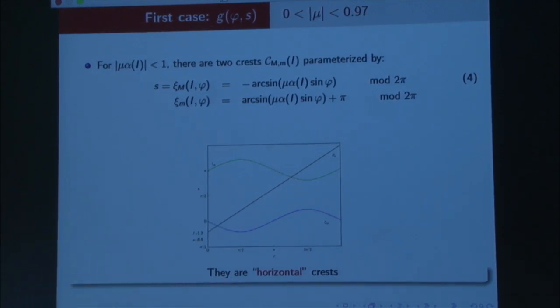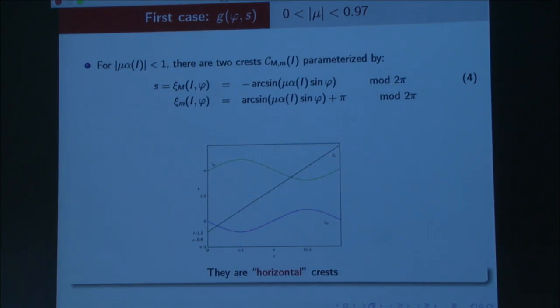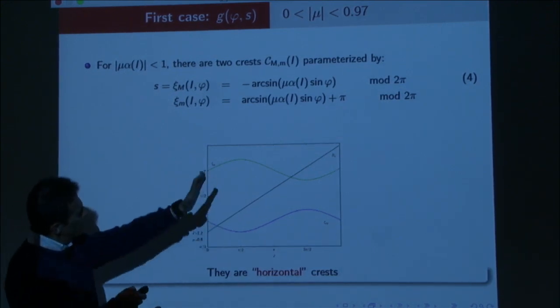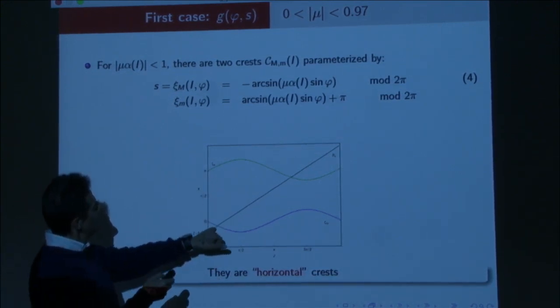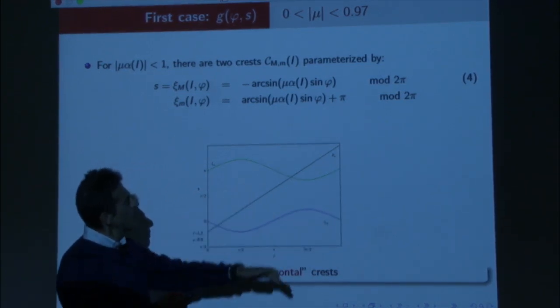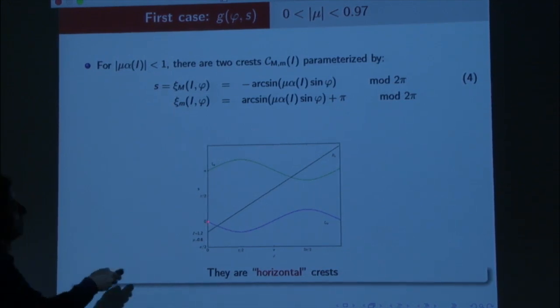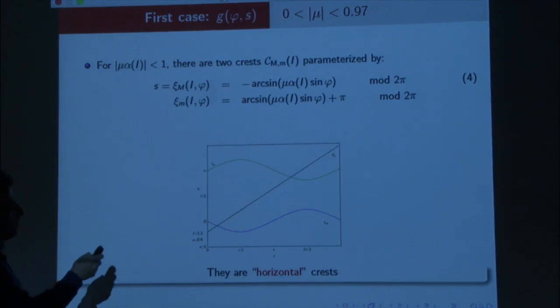So this happens, and this is easy to check, when the mu is a little bit smaller, something like this, and in this way we always have a transversal intersection. So this means that every line that we consider here always touches once this crest, and another this crest. So we have two global scattering maps. One will correspond to the maximum crest, another to the minimum one.